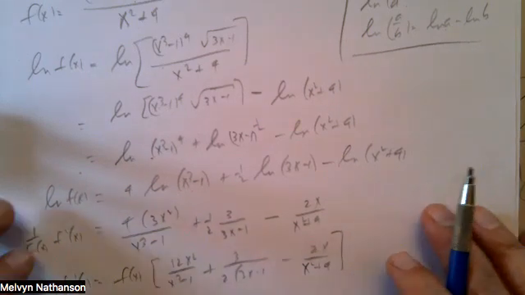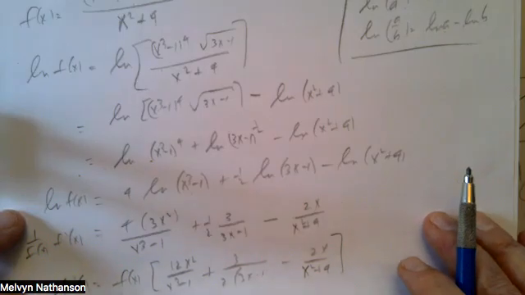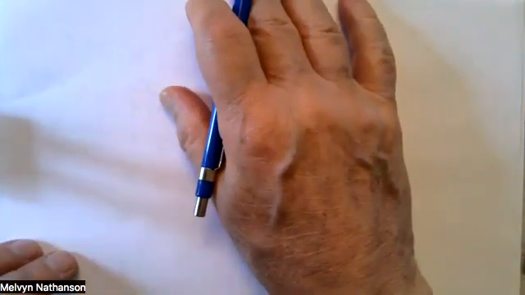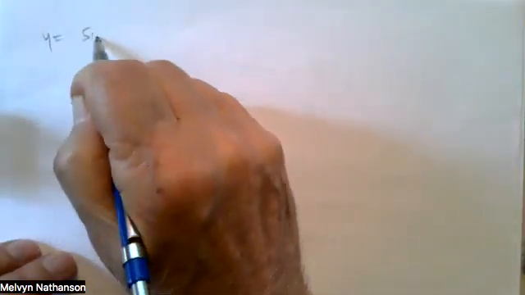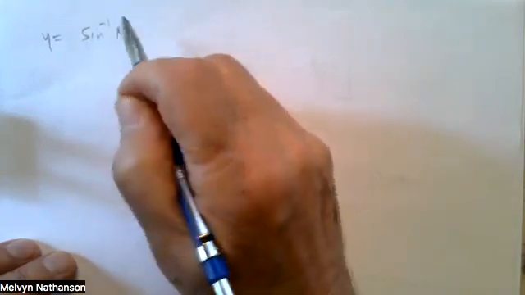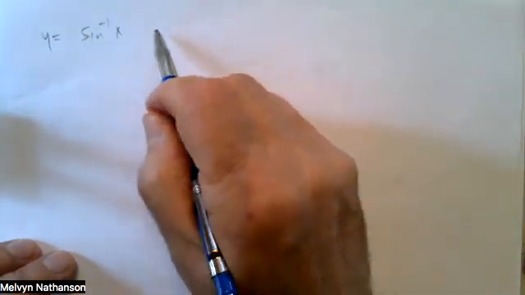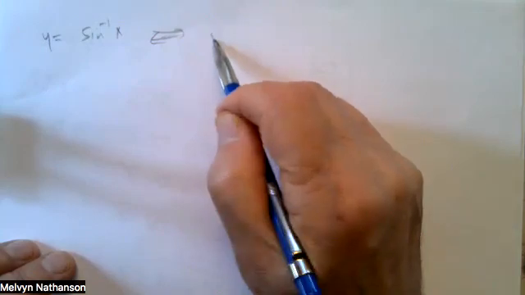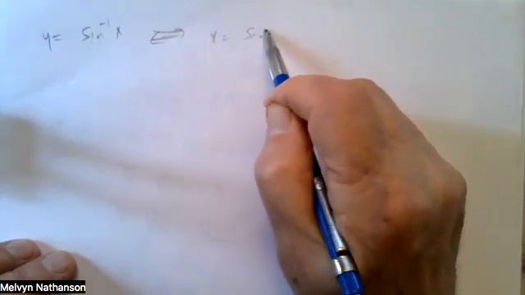We can also get from implicit differentiation the derivatives of the inverse trig functions. So suppose y is the inverse sine of x. That's the same as saying x is the sine of y.